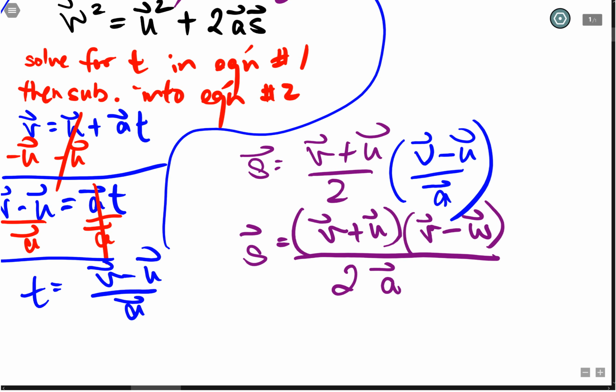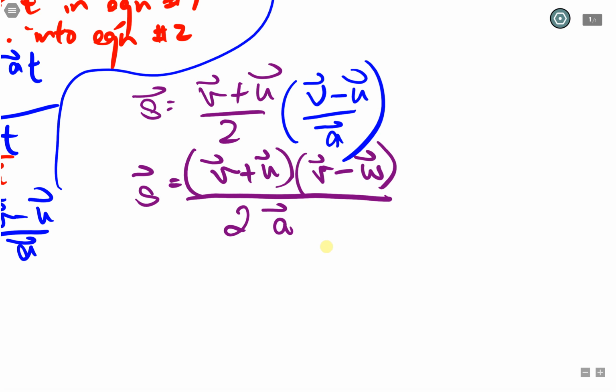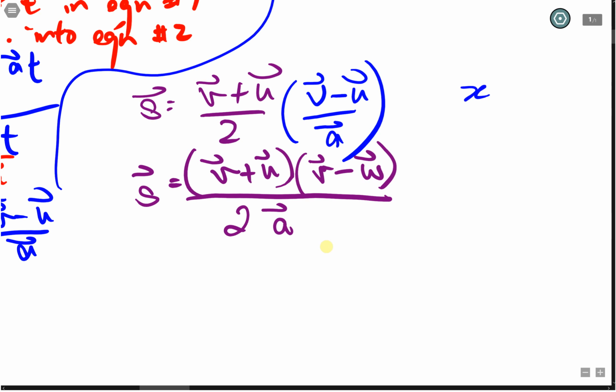Now here's the interesting part. You may have seen something that looks like this in math. Let's say you had x minus 2 and x plus 2. If you FOIL this together, if you distribute this, you would end up with x squared minus 2 squared, which in this case would be 4.